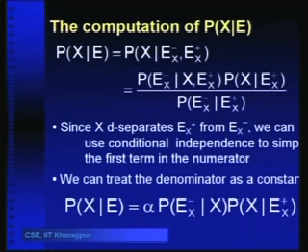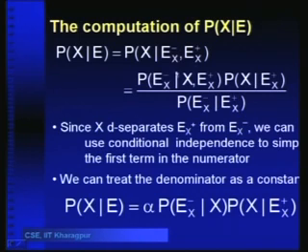This is just rewriting E as Ex plus and Ex minus. Then we can break it up using Bayes rule as P(Ex minus | x, Ex plus) P(x | Ex plus), and then the denominator is P(Ex minus | Ex plus).